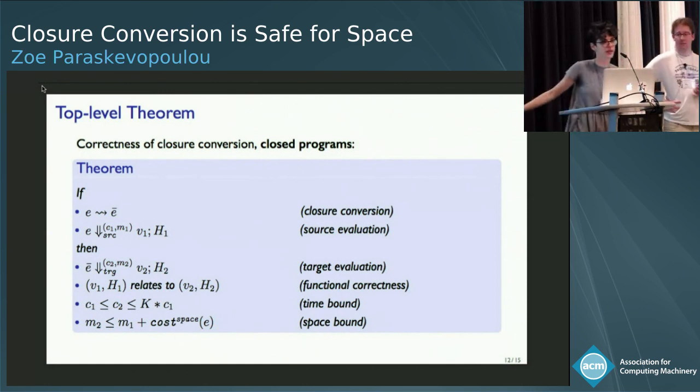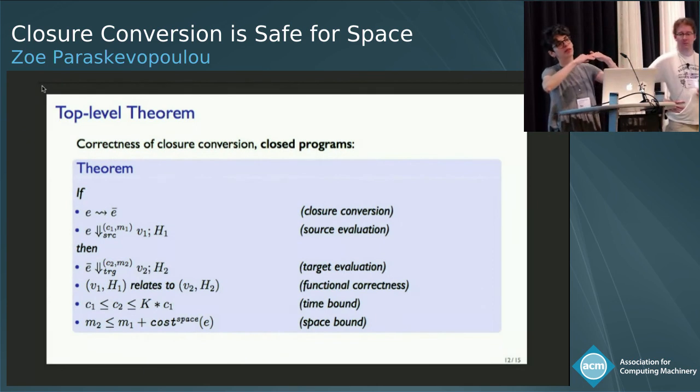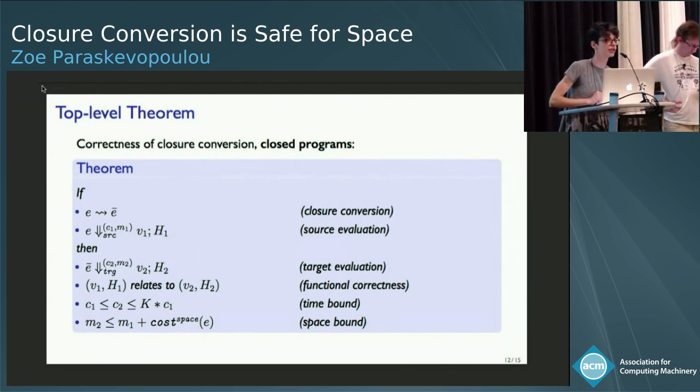However, for the space bound, this is an additive factor because we call the garbage collector upon function entry, and our code is in continuation passing style. So our code can have only a bounded amount of allocation until the next function is called, the garbage collector runs again, and then the relation on the heaps is established again. So this additive factor captures exactly the amount of allocation that can happen before the relation on the size of the heaps is established again.